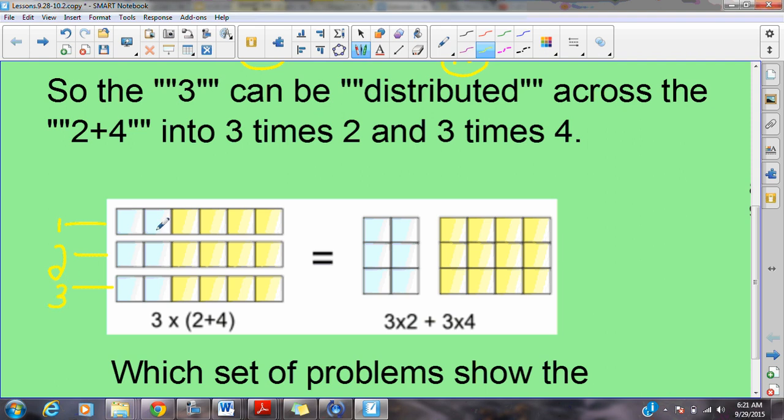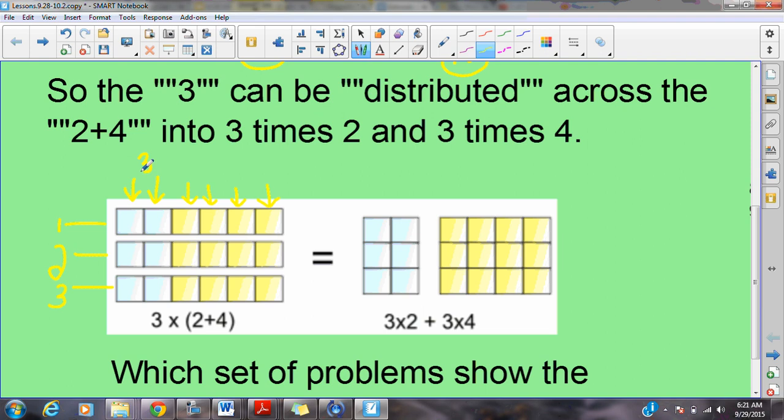We can also see that we have 2 columns that are light blue and 4 columns that are yellow. So what they did was they added the 2 columns of blue and the 4 columns together for a total of 6 total columns.